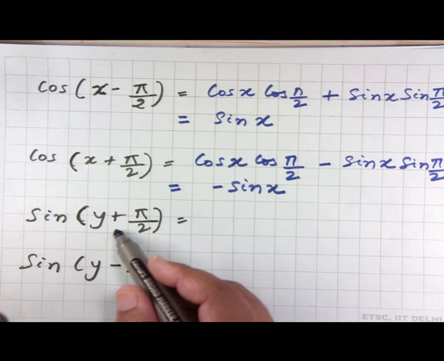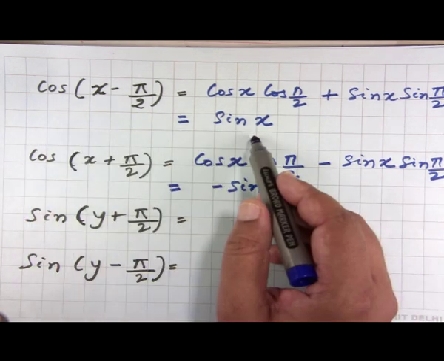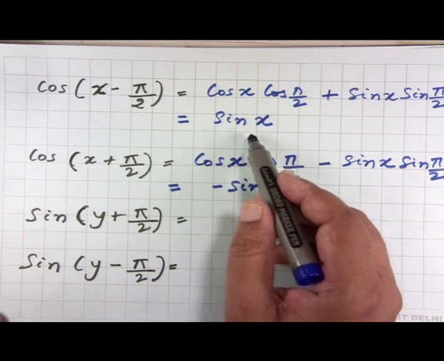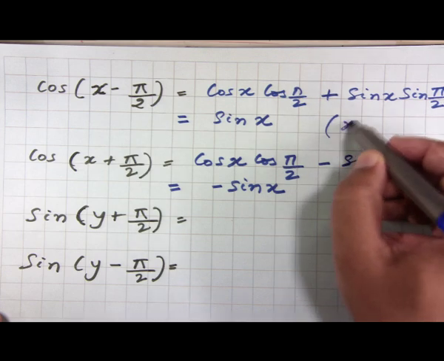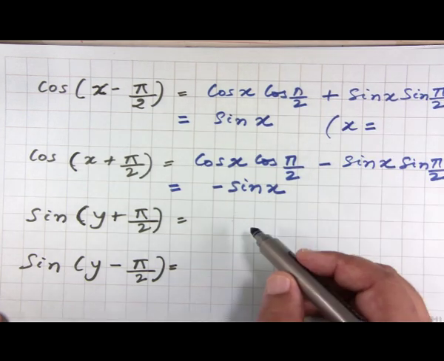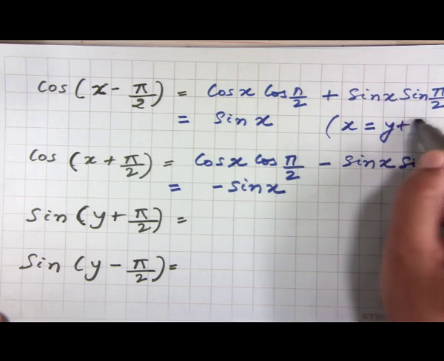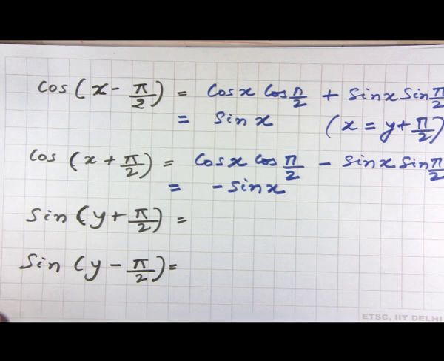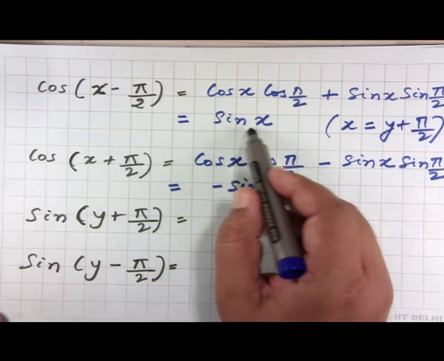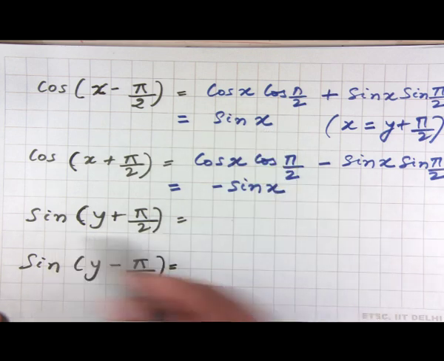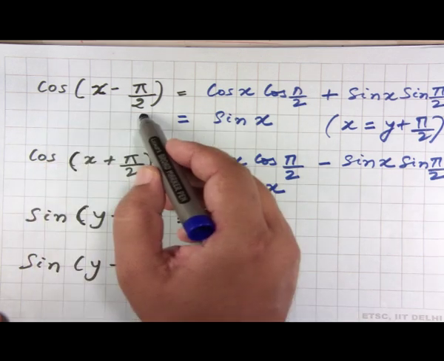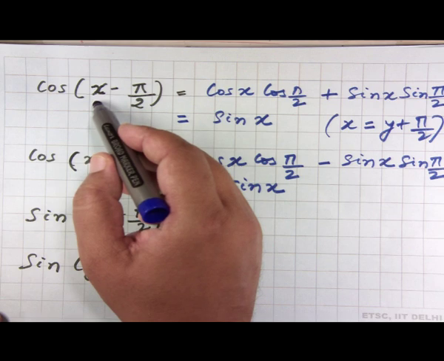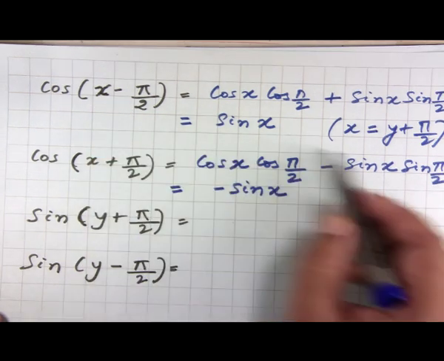If you go back to this equation here, where we had written that cos of x minus pi by 2 is sin of x. Now, if we replace this x, so we say that x is actually equal to y plus pi by 2, then what we get is sin of y plus pi by 2 is equal to this expression, but with x equal to y plus pi by 2.